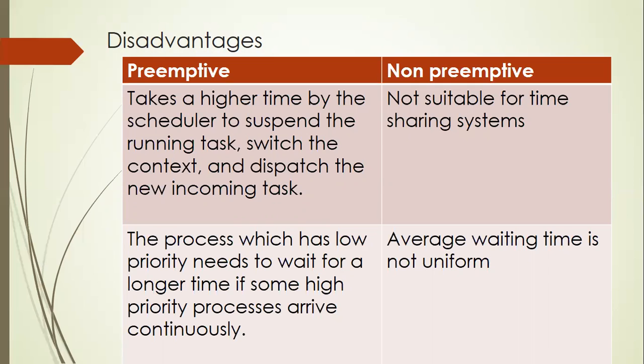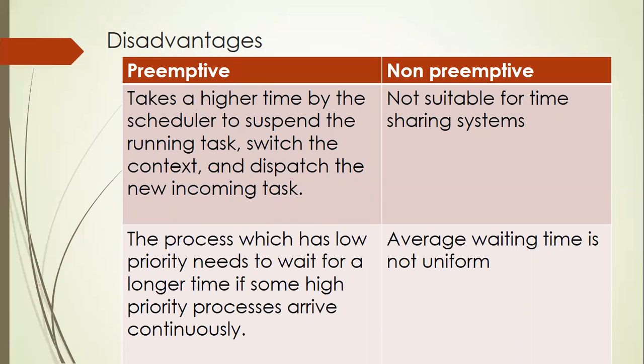After executing Y and Z, another process P arrives, whose priority is also higher than X, so X will never get the CPU. Whenever high priority processes keep coming, they prevent the low priority process from getting the CPU for a very long duration.